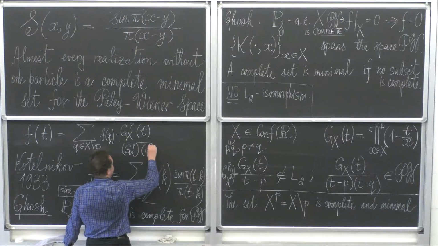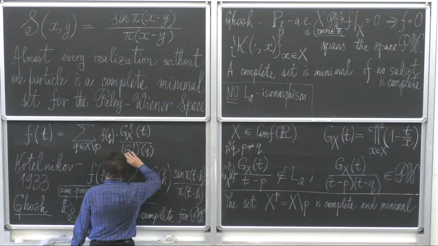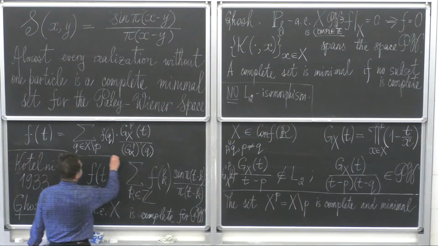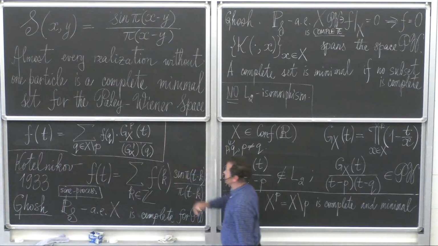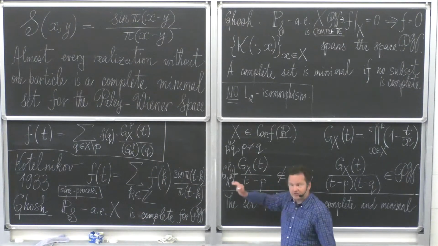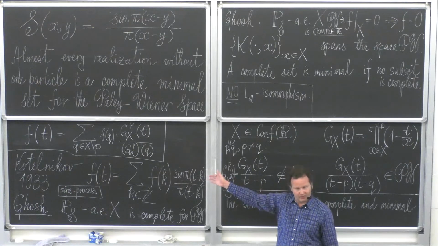Excuse me, g_{x,p} in q, that is okay. So here we go, but this sum is essentially just the Lagrange interpolation formula. Convergence takes place in any sense you want.